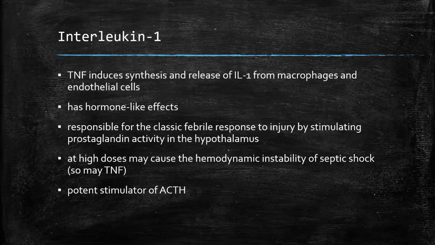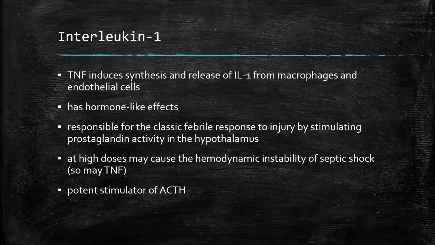Interleukin-1 tends to be the next cytokine produced. Tumor necrosis factor is directly responsible for this. It stimulates macrophages and endothelial cells to release this substance. Again, in high enough doses, if the injury is severe enough and enough interleukin-1 is released, then it has distant, hormone-like effects.